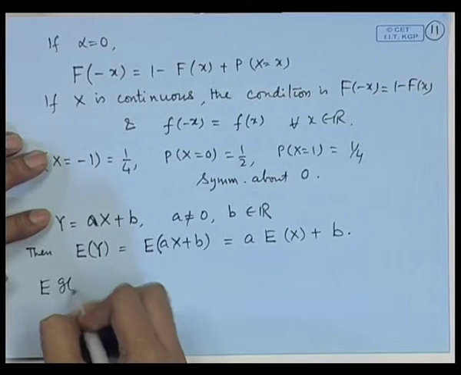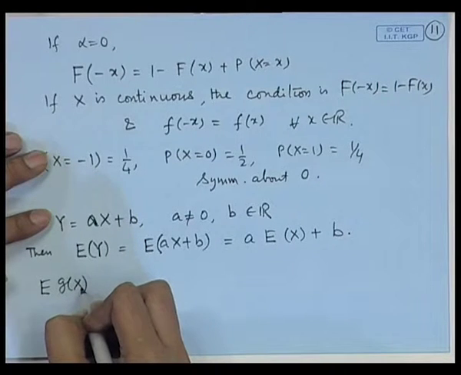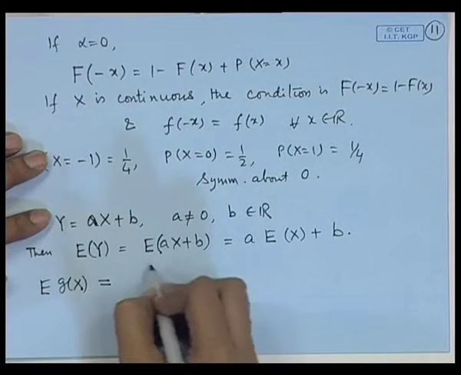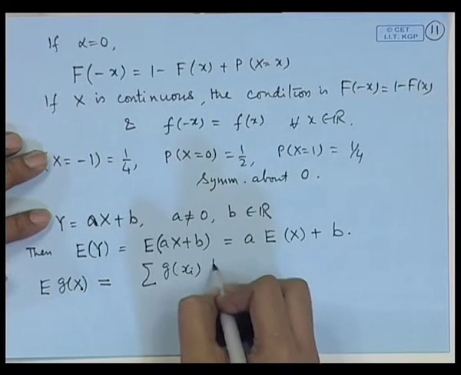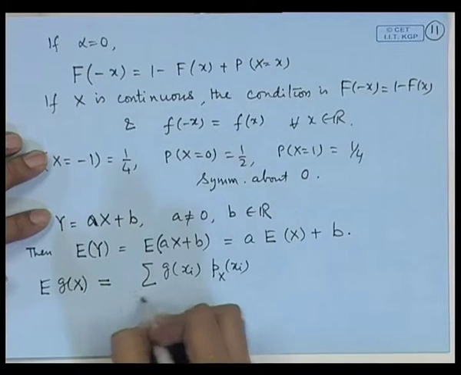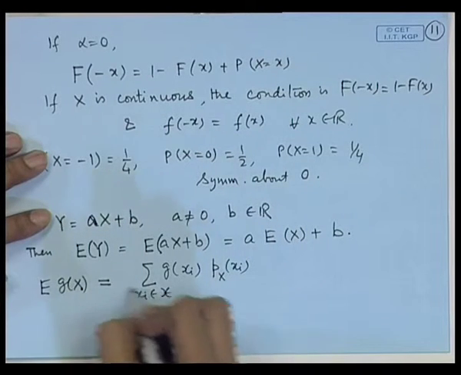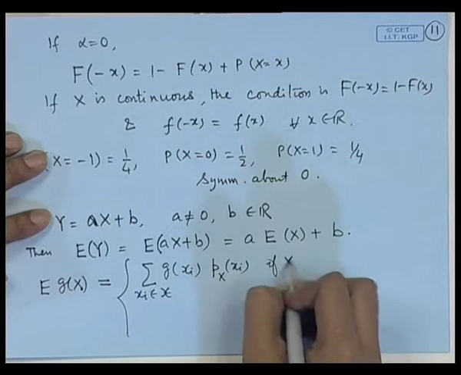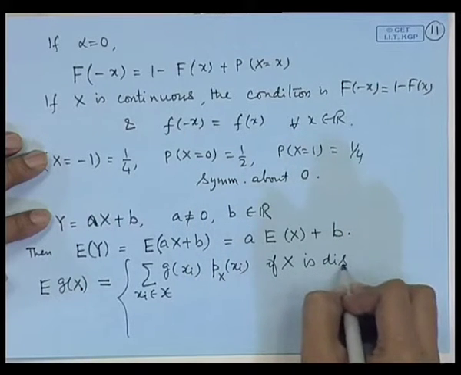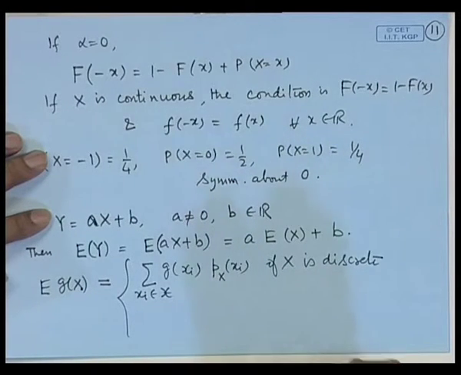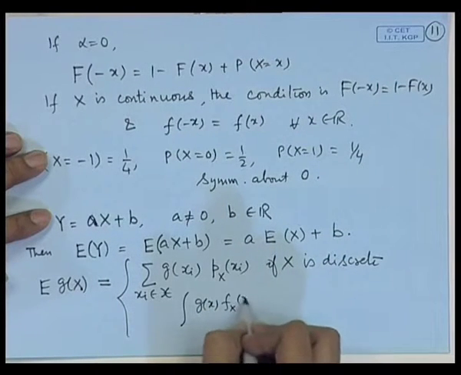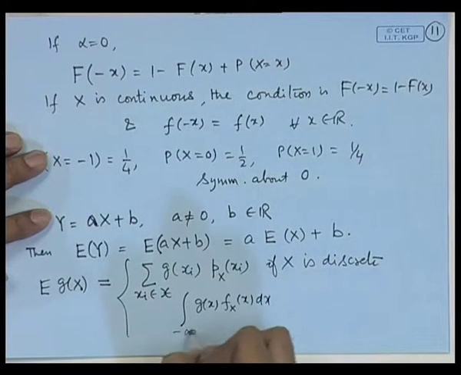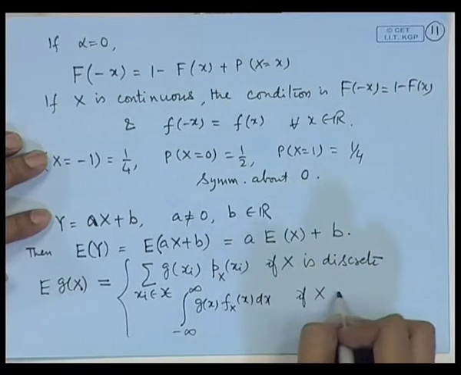In general, we can define expectation of a function of a random variable also. For example, if I have expectation of g x, suppose x is a discrete random variable, then we can consider it as summation g x p x if x is discrete, and we can define it as integral g x f x d x if x is continuous.